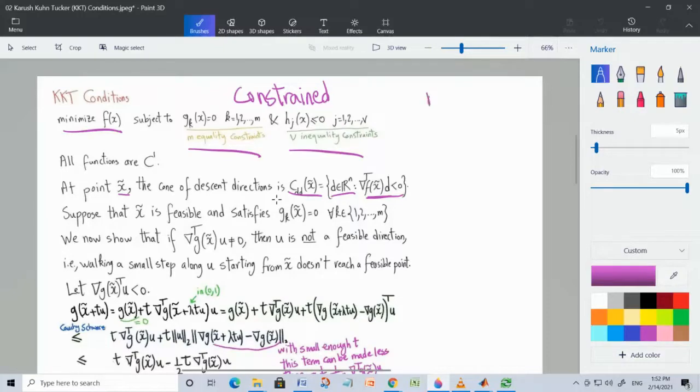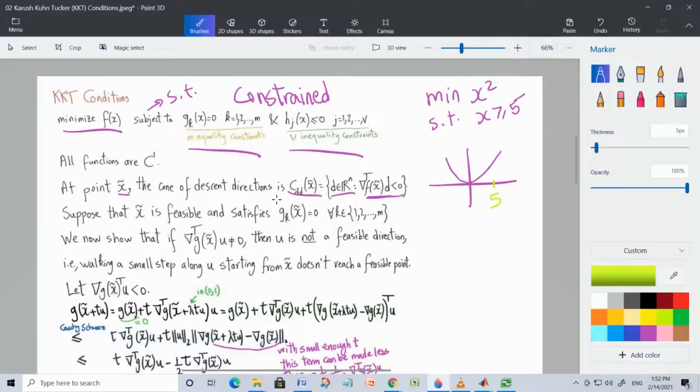So let me give you a trivial example. Suppose that you minimize x squared. Well, it is x equals 0. Now, suppose that you minimize x squared subject to x greater than or equal to 5. Okay. So here is our curve, and what is the optimal point? It's at x equals 5 exactly, right?